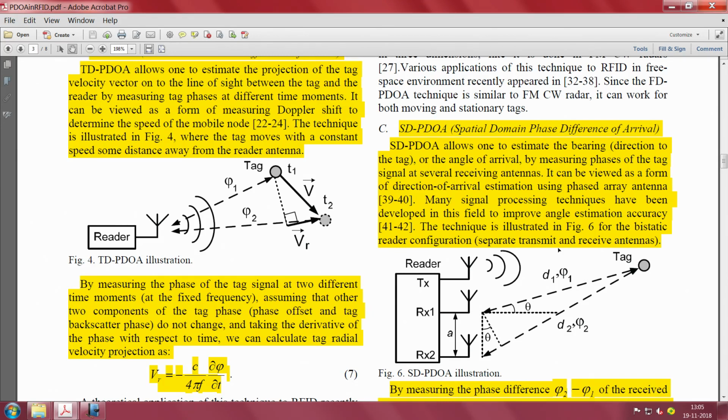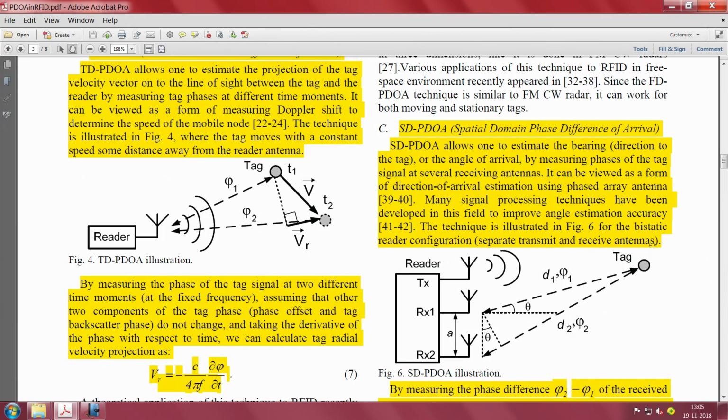Now it is quite simple. If you have a separation of A between this RX1 and RX2, D1 is the distance between the tag and RX1, and D2 is essentially the distance between RX2 and the tag.